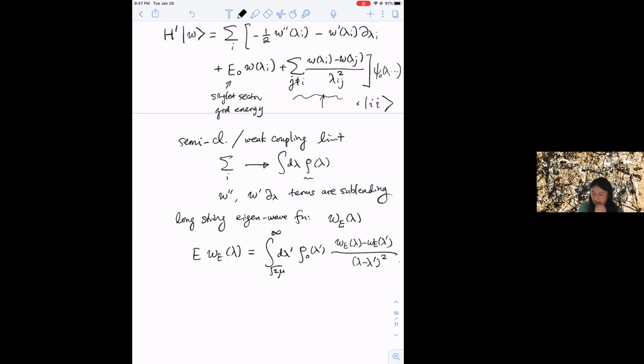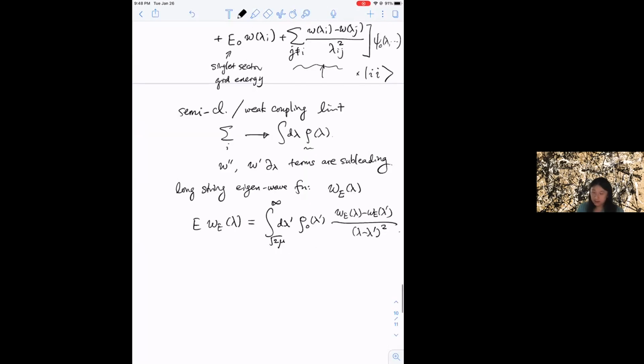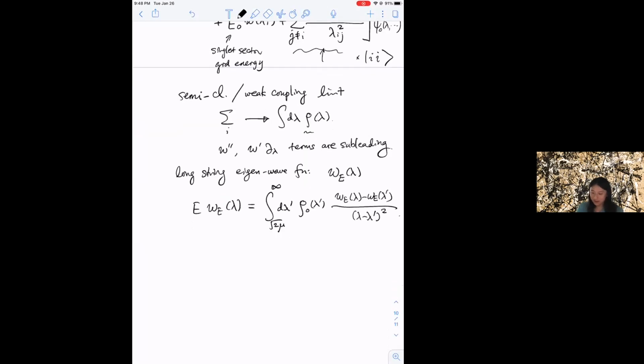Okay, so that's a funny looking eigenfunction equation. It's an integral equation for W E. We can normalize it.